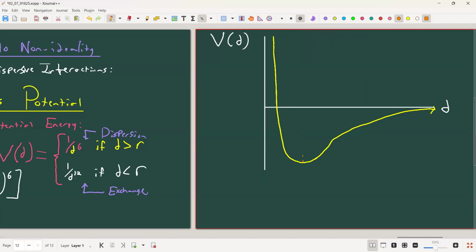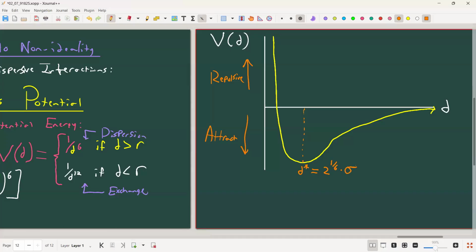Right? You'll see that there is a position, which I'll call d star, where the energy is minimum. That's the attractive minimum. Our potential, let me just remind you, when we talk about potential energy, positive potential is repulsive and negative potential is attractive. And that turns out, once you do the math, this is the 6th root of 2 times sigma, right?